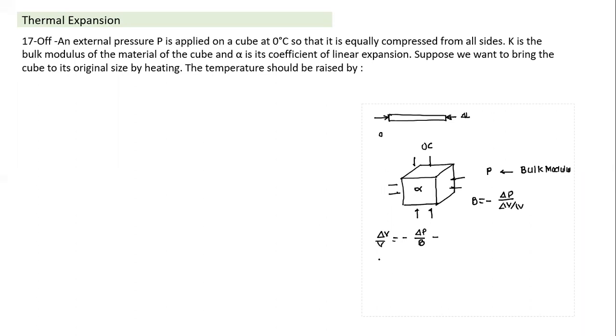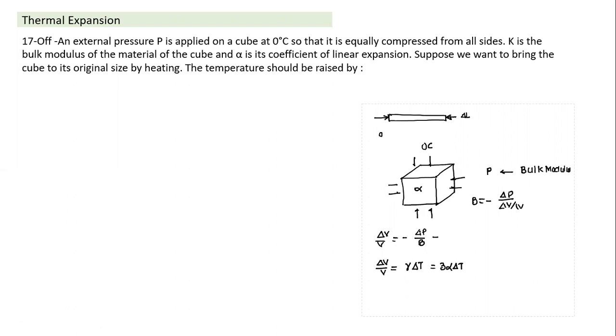Due to the change in temperature, the fractional change in volume is gamma delta T, and if gamma is not given but alpha is, it is 3 alpha delta T.